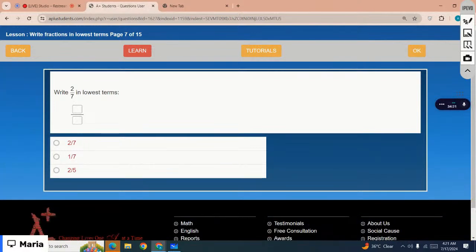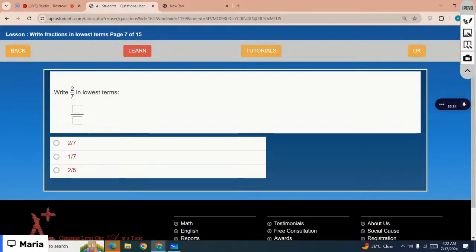Okay, write 2 by 7 in lowest terms, so which is the correct option? Yes, 2 by 7 is already in the lowest term, right?